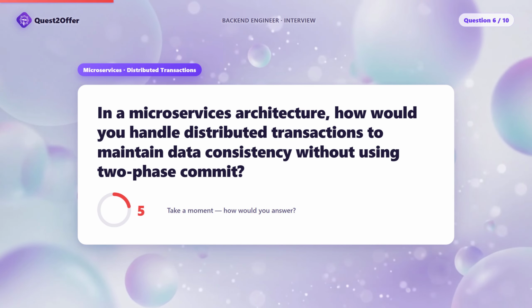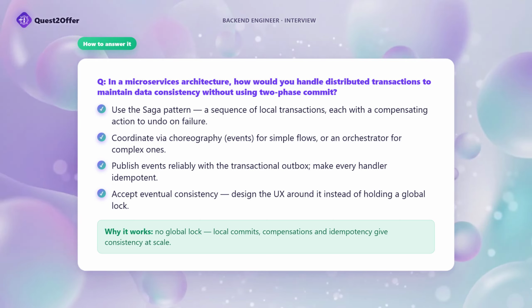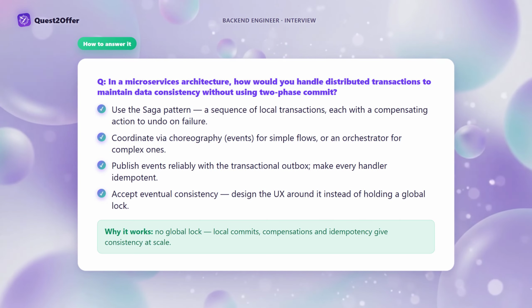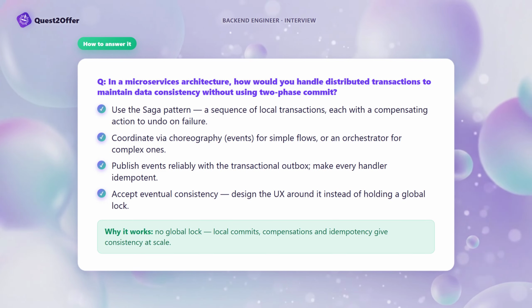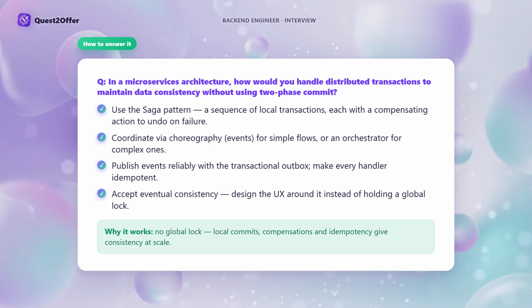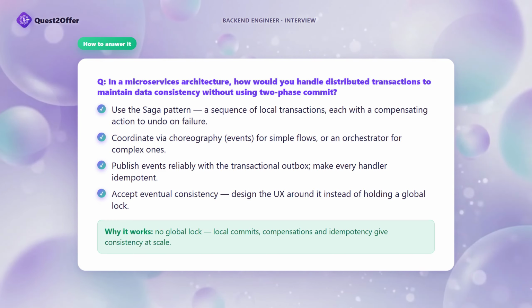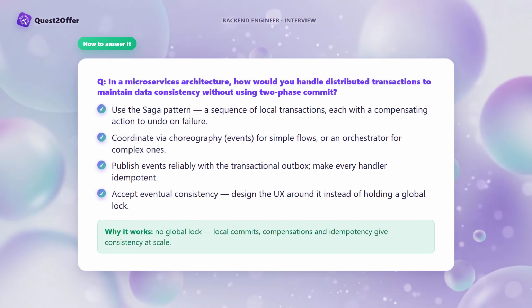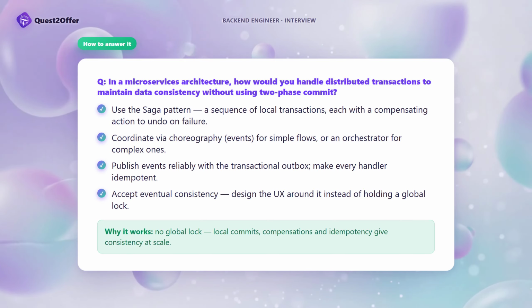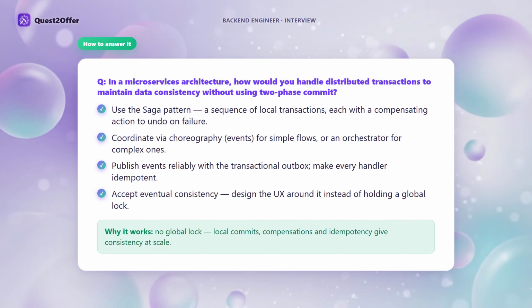Use the Saga pattern, break the transaction into local steps, each with a compensating action that undoes it if a later step fails. Coordinate with events for simple flows or an orchestrator for complex ones. Publish those events reliably with a transactional outbox and make every handler idempotent. You're trading a global lock for eventual consistency. Design the experience around it.